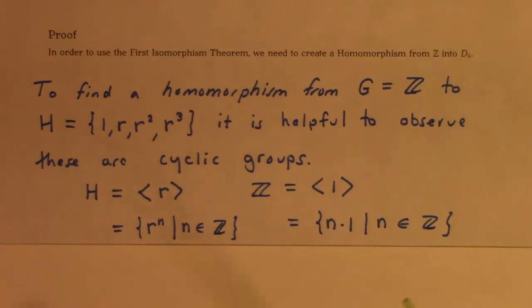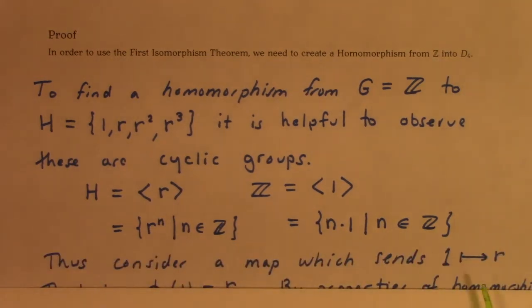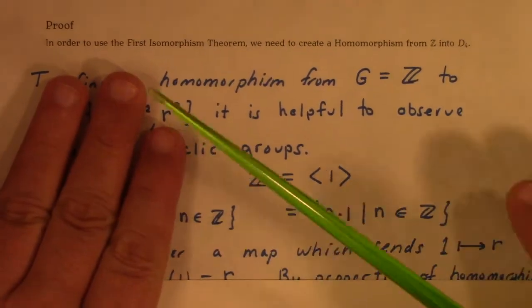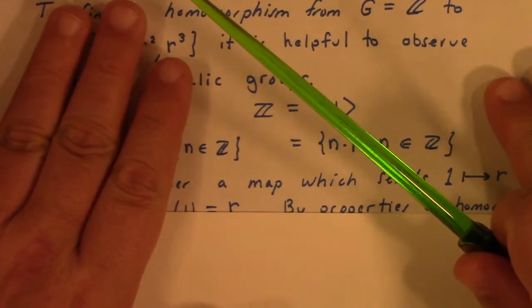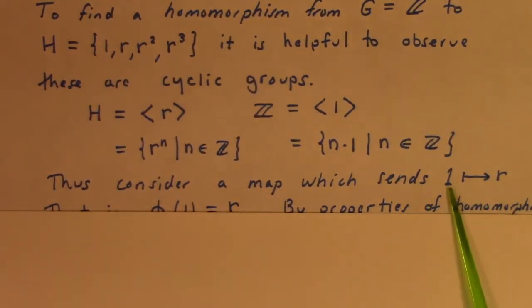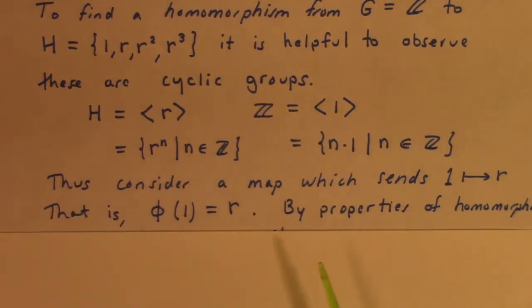So I think a natural choice is just to map the generator 1 to the generator r, and look for the homomorphism whose formula is suggested by mapping 1 to r. That's basically how I build formulas for homomorphisms.